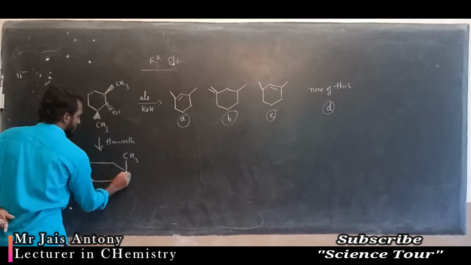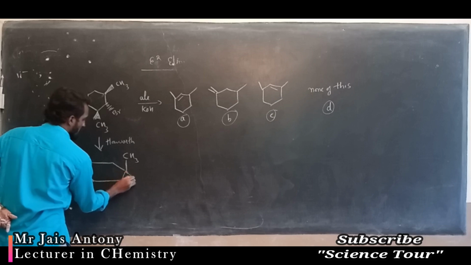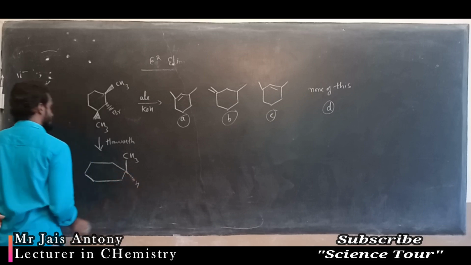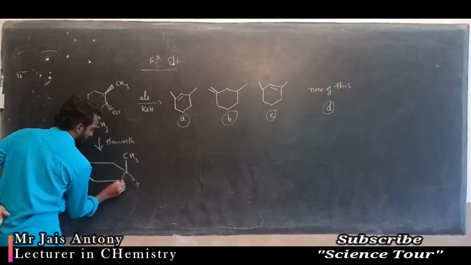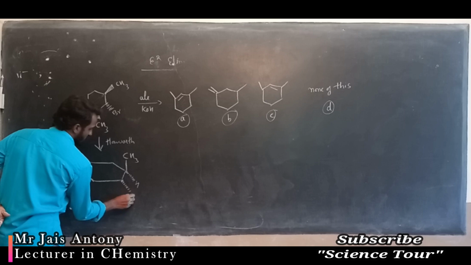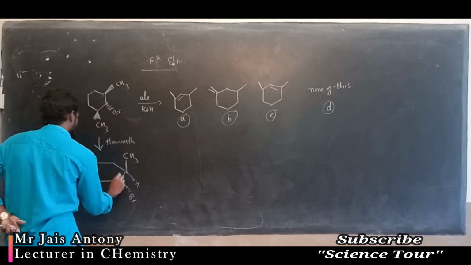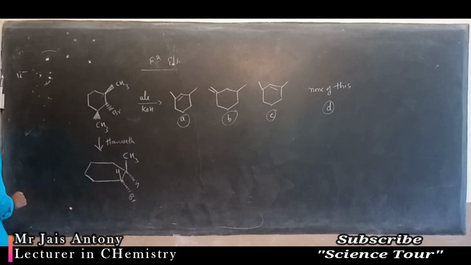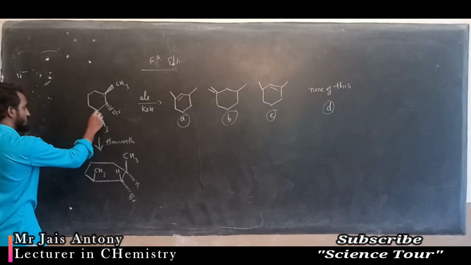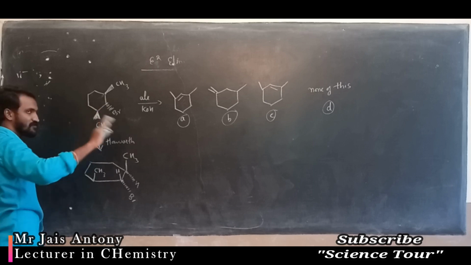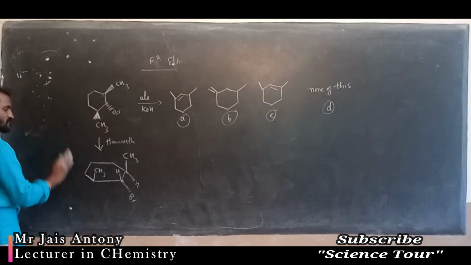That I will write here, H. After that, one Br is here, actually away from you, and at the same time one H is here, facing towards you. Next is this carbon, CH3 facing towards you. This symbol means facing towards you, and the dotted line means away from you.